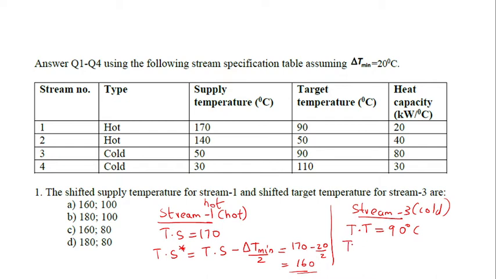So the shifted target temperature is given by Tt star, which is equal to Tt plus delta T minimum by 2, which is equal to 90 plus 20 by 2, which is 100. So the answer for this one is 160 and 100.